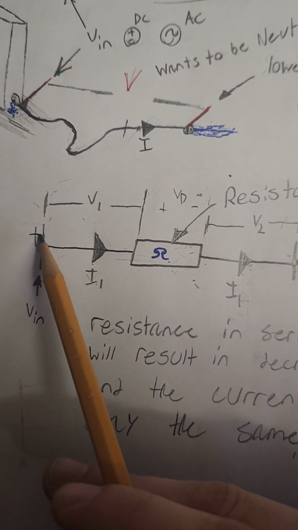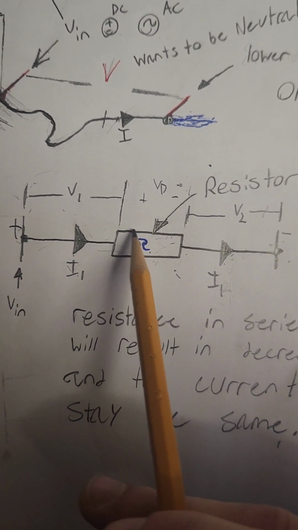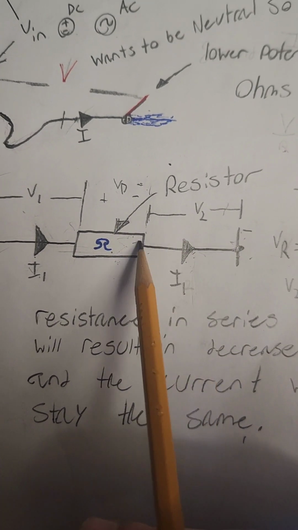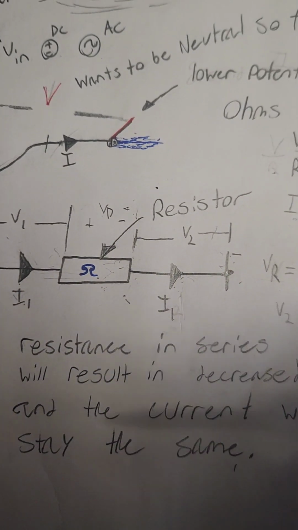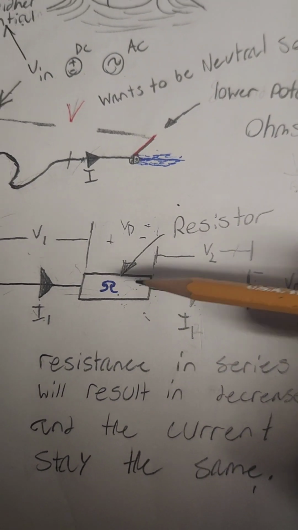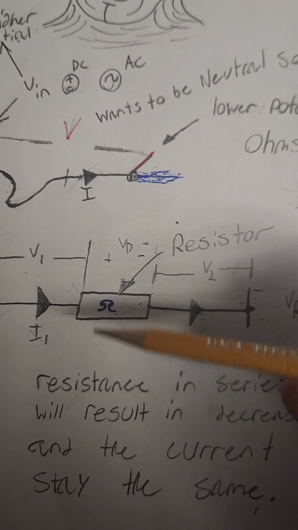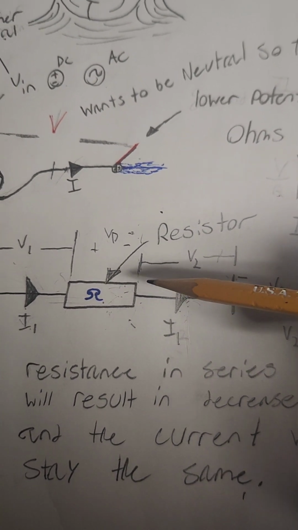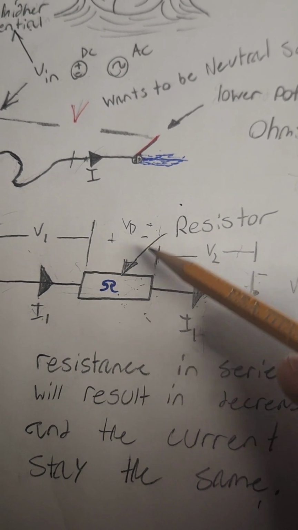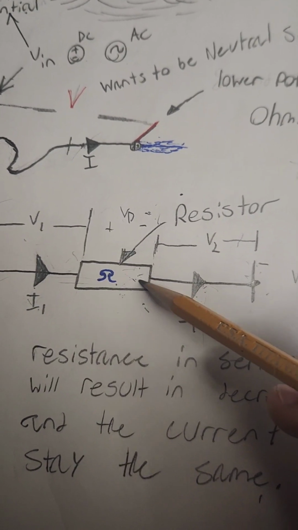So the potential difference across this wire right here would be different from the potential difference across this wire right here. Also, the reason for this is because the resistance in series is going to induce a voltage drop. So the current will stay the same, but the voltage will drop because of this resistor.